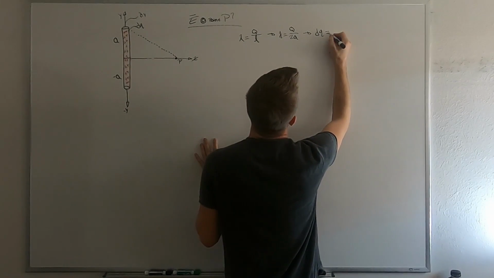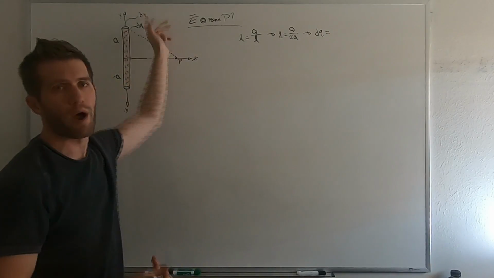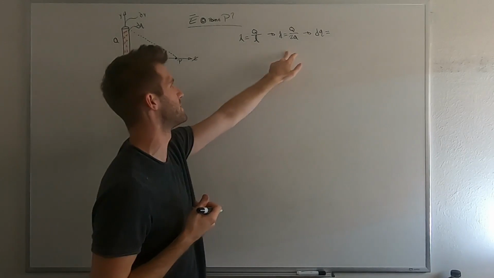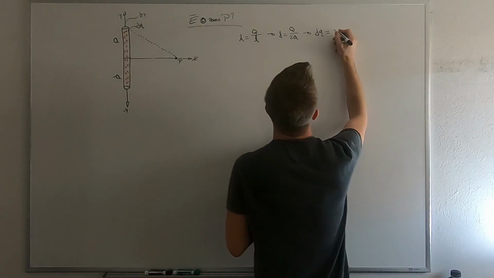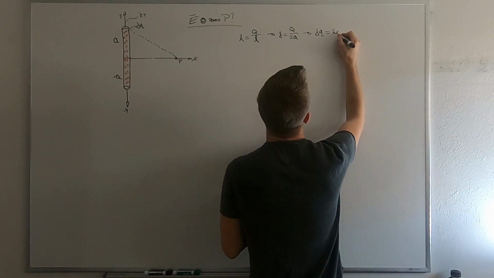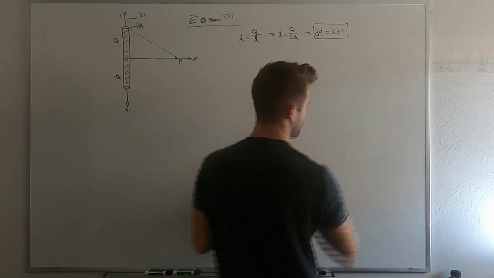So dq is equal to lambda. Now 2a is just going to be dy. It may seem kind of ridiculous that we just used it only to have it replaced, but trust me, you'll see. So this is going to be lambda dy, right?